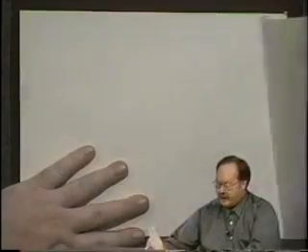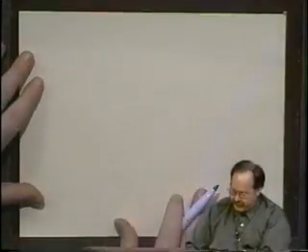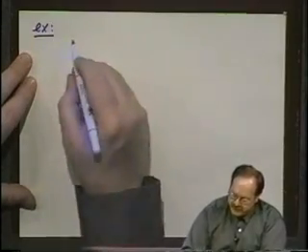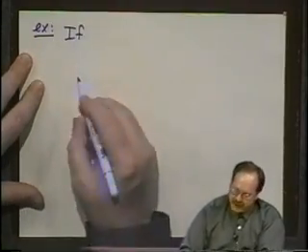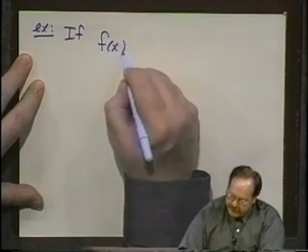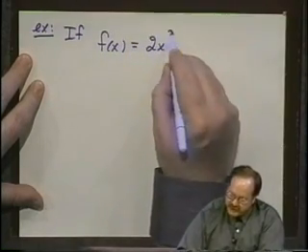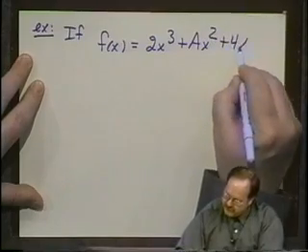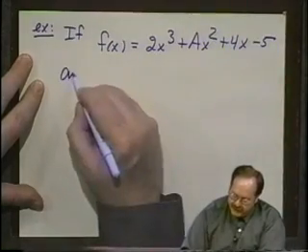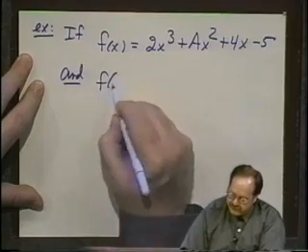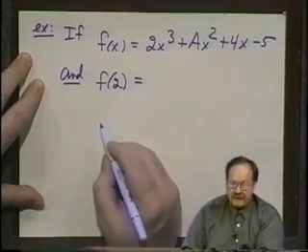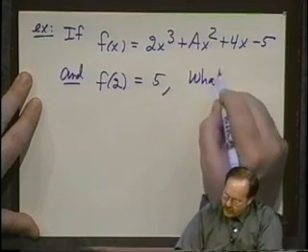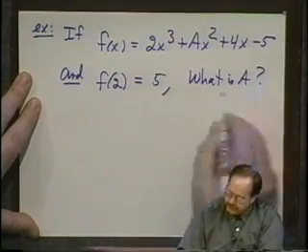All right, let's do another example of something you can do with this functional notation. Here's something that might be phrased this way. If f of x is given to you as 2x cubed plus ax squared plus 4x minus 5, and you're told that f at 2, or f of 2, is 5, the question is, what is a?